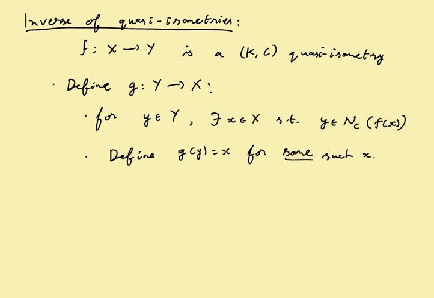So pick an x for this and define g of y equals x. Well, this looks like a terrible function, and indeed it is often not continuous, as I already said, but you can make it measurable, for example, if you want. It need not be so bad. Let me just draw a picture as an example.